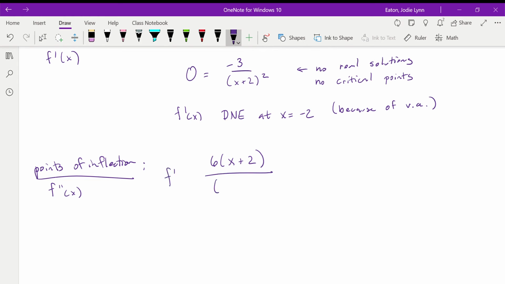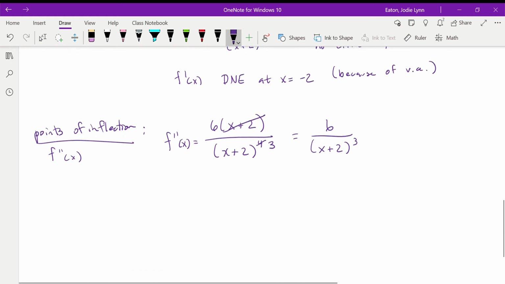So f double prime of x equals, so negative 3 times 2 is 6 times (x plus 2) using the chain rule, and square the bottom, we have (x plus 2) to the 4th power. We're going to cancel that, and that leaves us with x plus 2 cubed. So it's 6 over (x plus 2) cubed. Here we notice again that this is never 0.